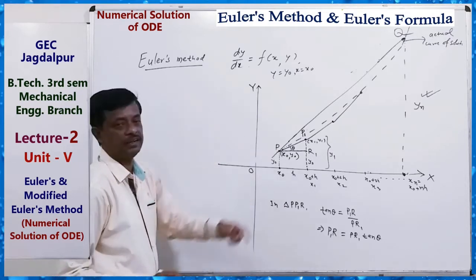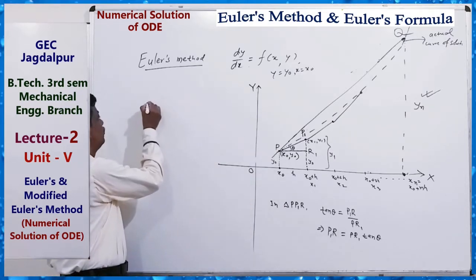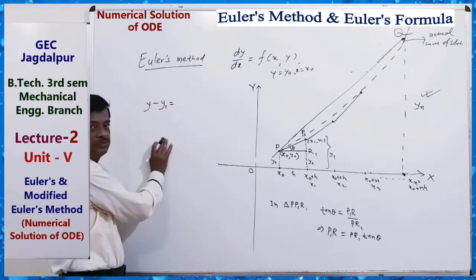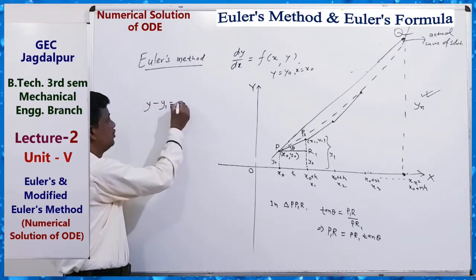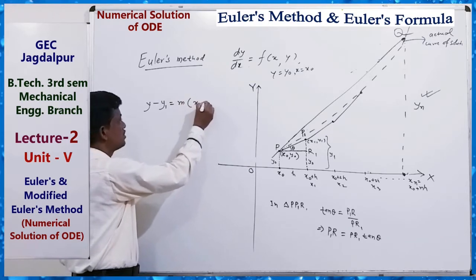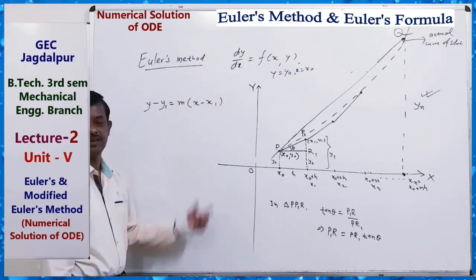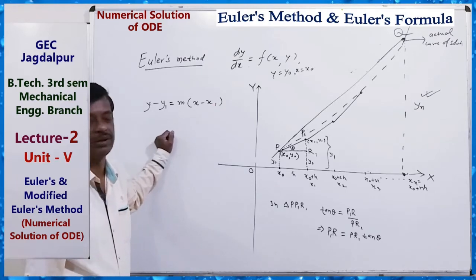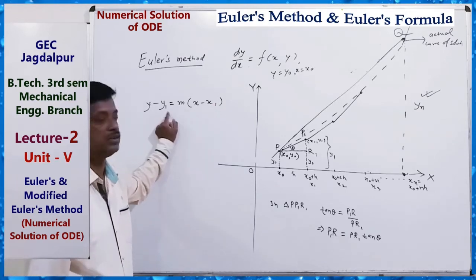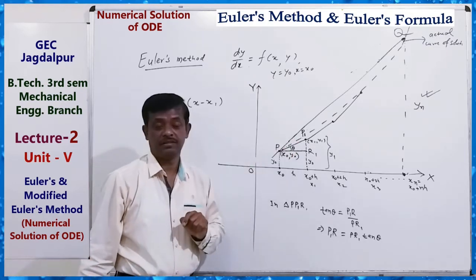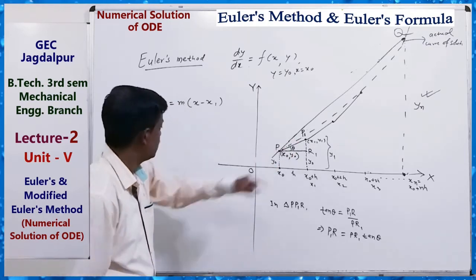If this is angle theta in slope, now we know y minus y1 equals slope times x minus x1. This is the equation of a line passing through the point x1, y1 and having slope m. For this tangent, the point is x0, y0.